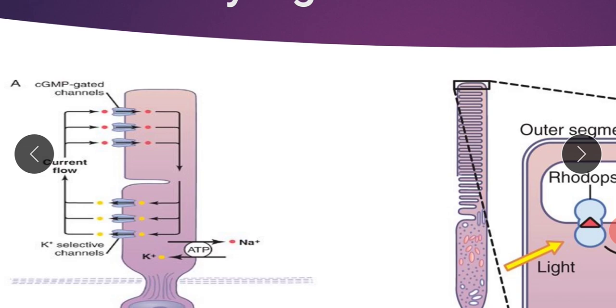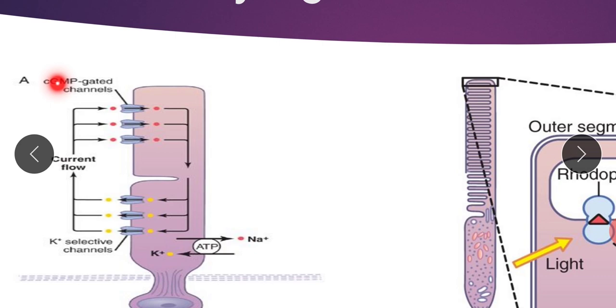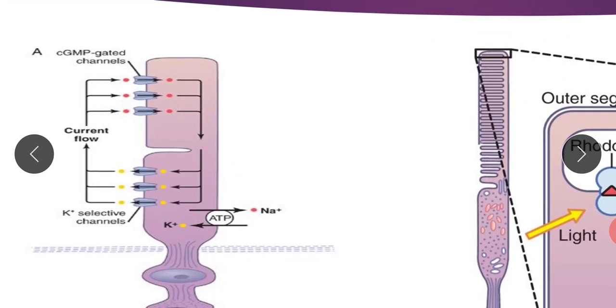Now, this sodium which came out here once again enters the outer segment with the help of cyclic GMP gated channels. It means this is a gated type of channel, and it only remains open under the effect of cyclic GMP. Whenever cyclic GMP is there, these channels are open. If cyclic GMP is not there, the channel becomes closed. But in the dark, cyclic GMP is there and these channels are open. So ultimately whatever sodium is lost comes back.